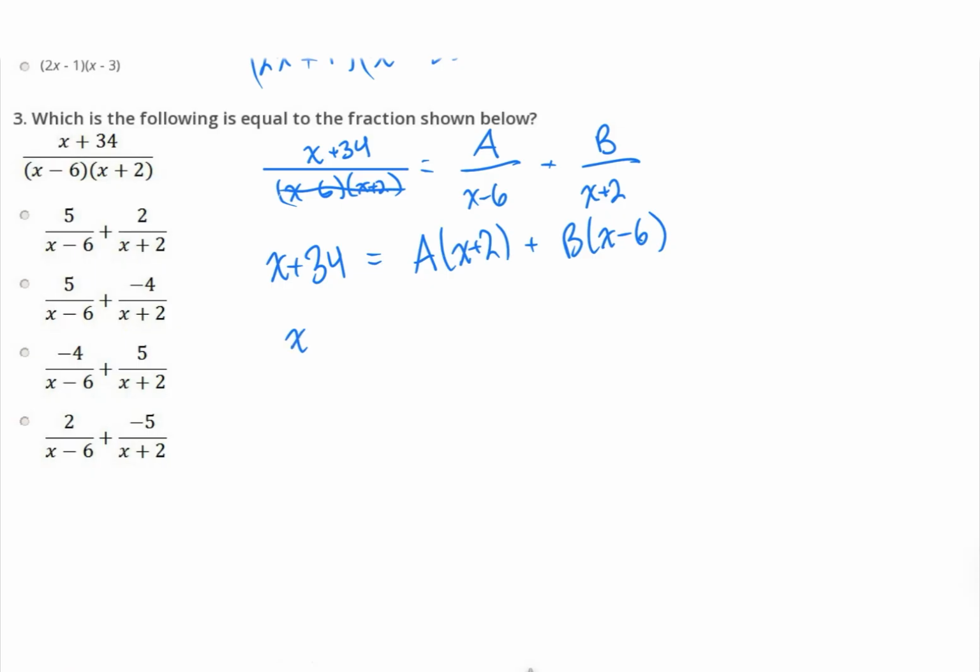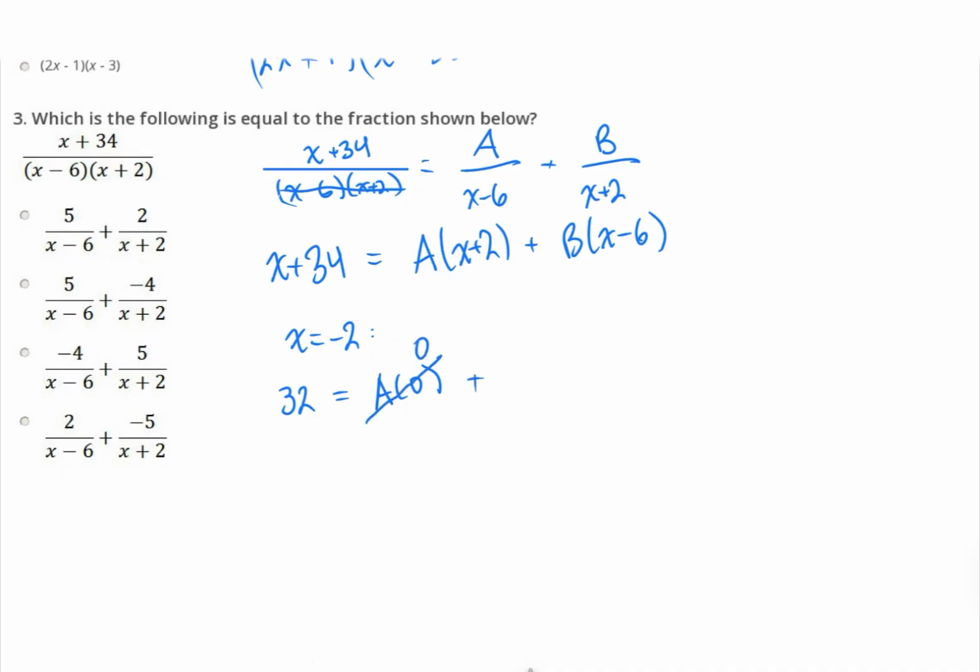So we can start with x equals negative 2, and I will explain later why I chose x equals negative 2. If x equals negative 2, we get negative 2 plus 34, which gives us 32. Then we have a of negative 2 plus 2, which is a of 0, and this cancels out to give us 0.